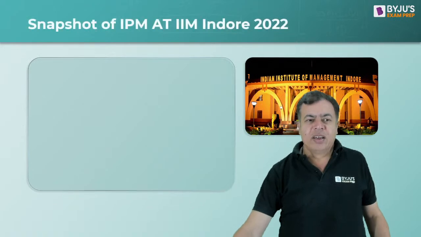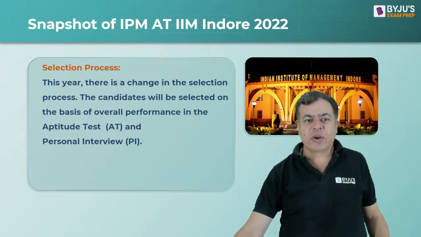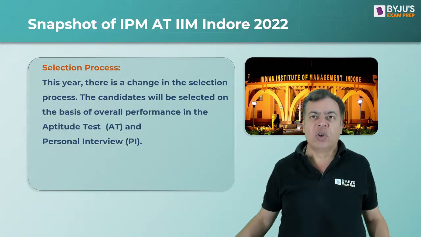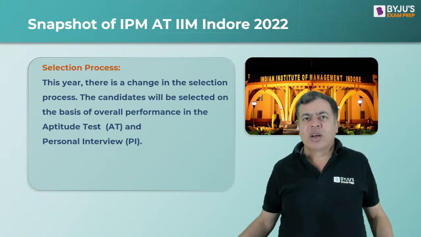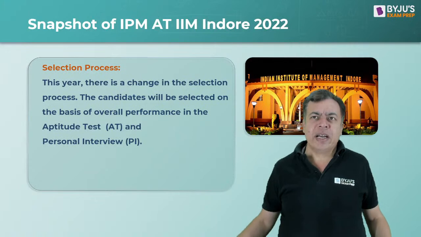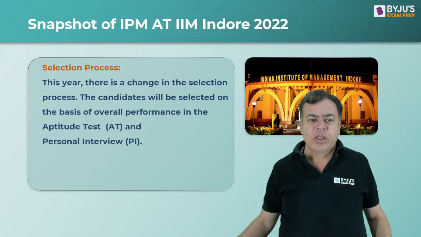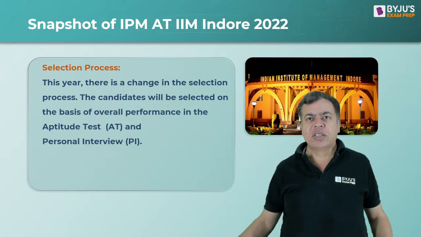Okay, then the selection process. There is a change: you are going to have aptitude test plus personal interview only, right? Earlier it used to be WAT and PI, that written ability test, but that is gone now. Only PI. So aptitude test plus personal interview.